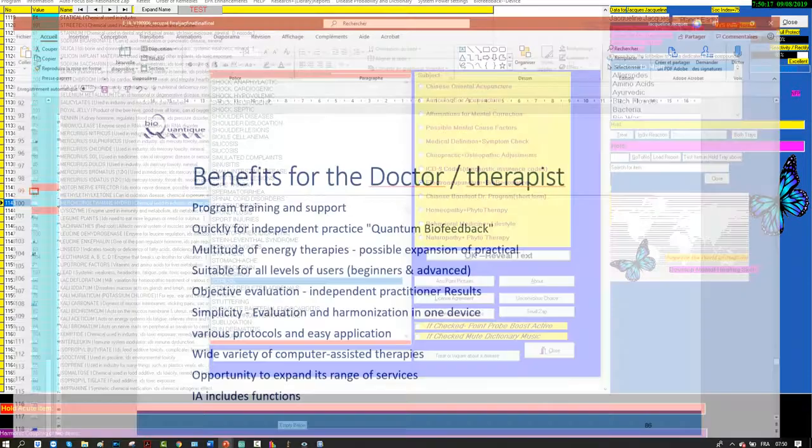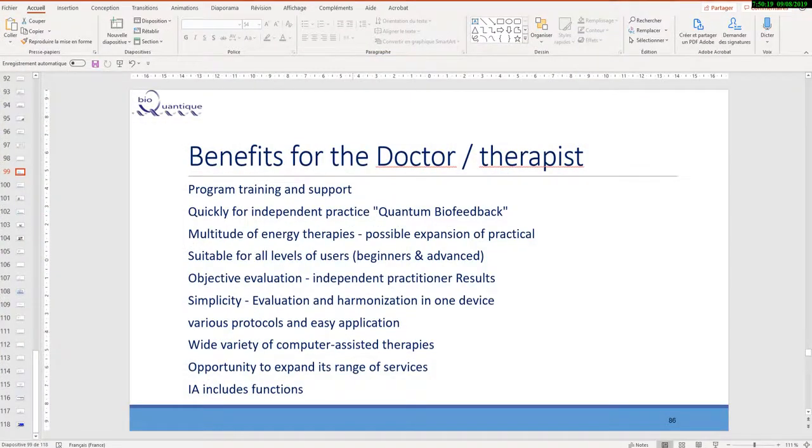What I would also like is to give you some of the benefits for the doctor or therapist who will use our device. So first we have program training and support. You might say, well, this seems complicated to learn. It is not complicated because the training is made in a way that is easy for you to learn. And then we become quickly independent.